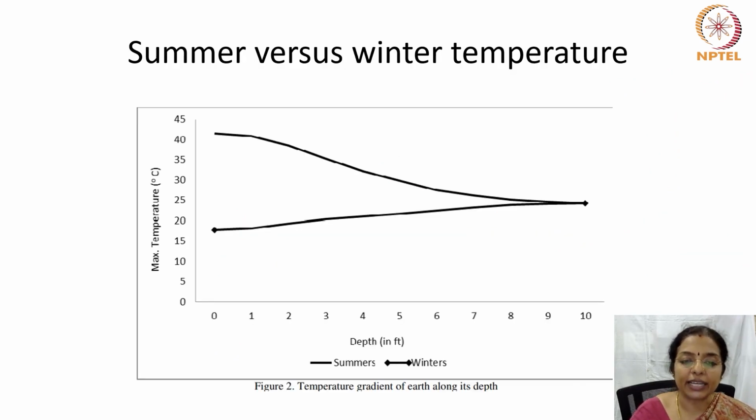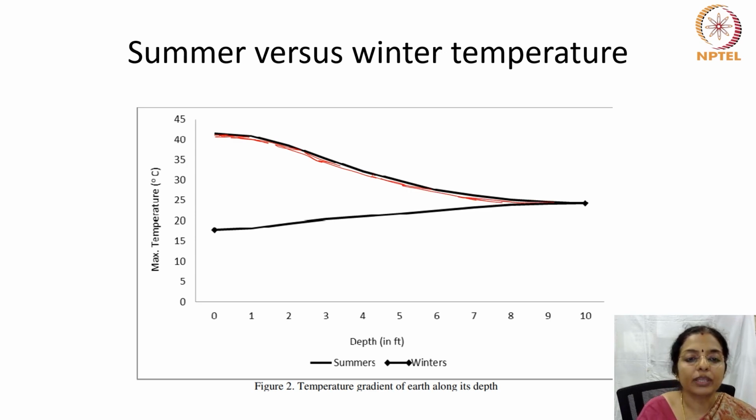In that same study, since the thermocouples were let in at a depth of every 2 feet, they plotted the temperature during summer. I am going to denote the summer temperature with a red line for clarity, and the winter temperature I will denote with a blue line.